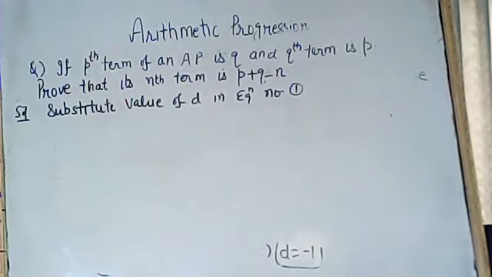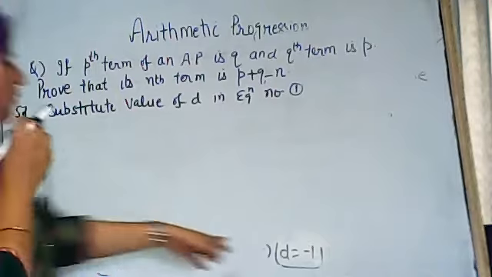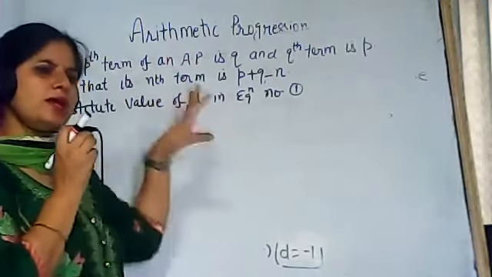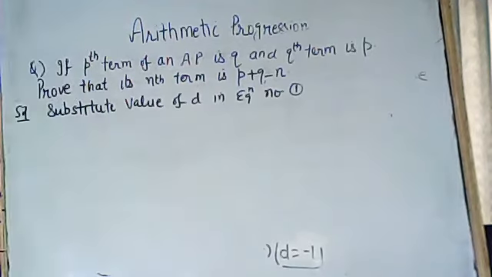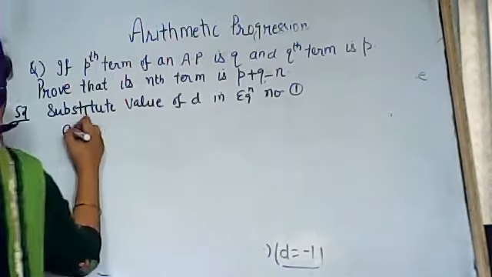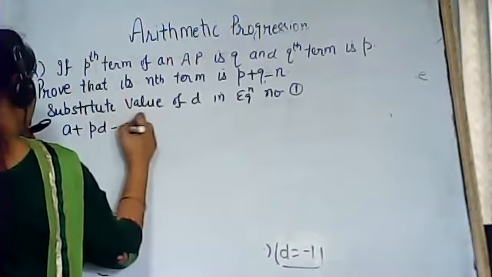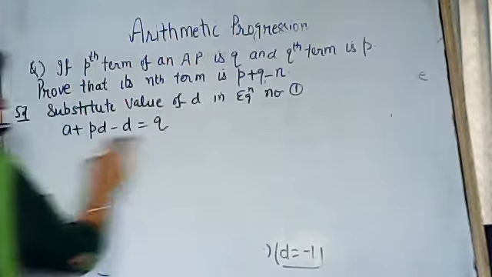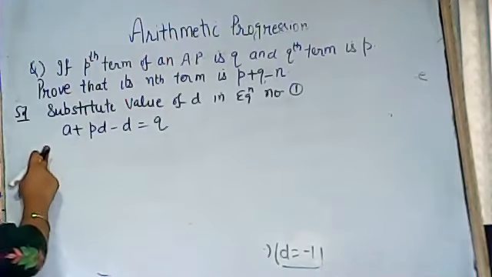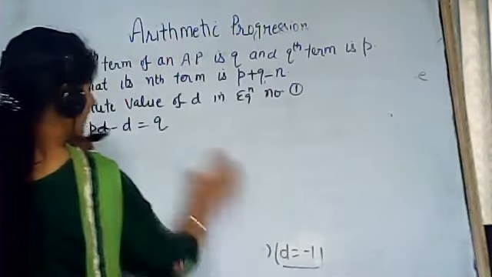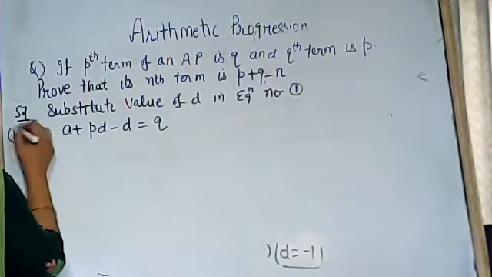Now I'm going to fill the value of D in equation number 1. If you will fill the value of D in equation number 2, again you will get the same result. So what was our equation number 1? A plus PD minus D, this is equals to Q. This was our equation number 1. And now I'm going to fill the value of D in this relation.